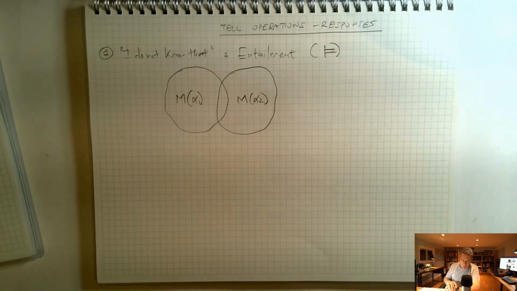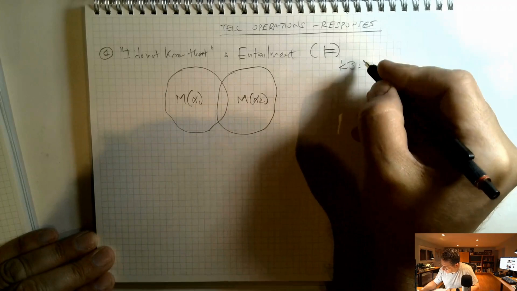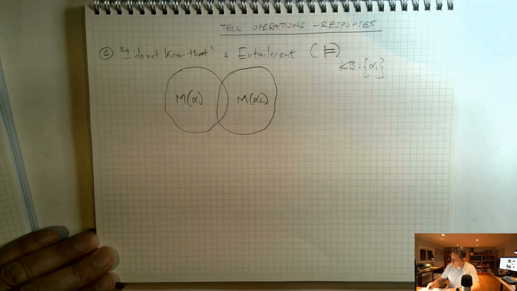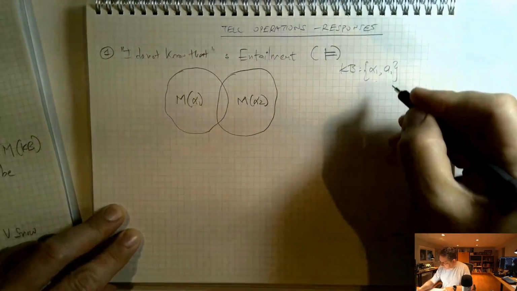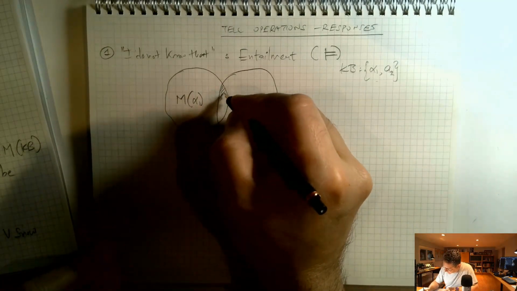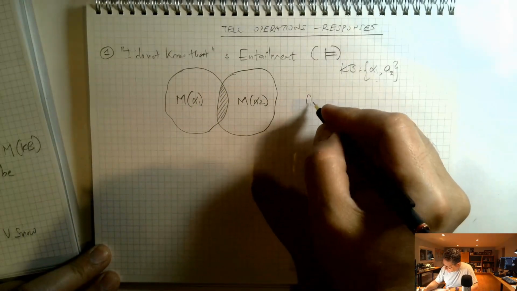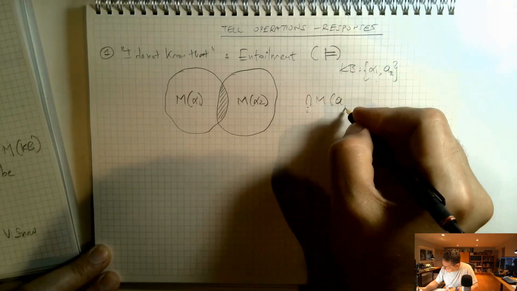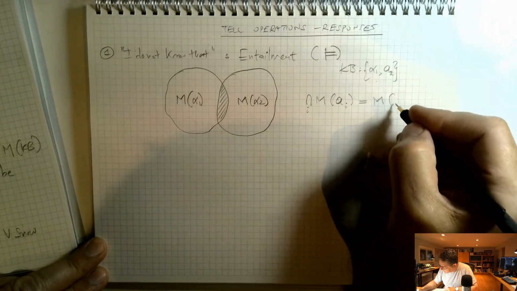When we have in the knowledge base the sentence A1 and the sentence A2, this intersection over here, the intersection of the models of the sentences that we have in the knowledge base, is the set of models that satisfy the knowledge base.